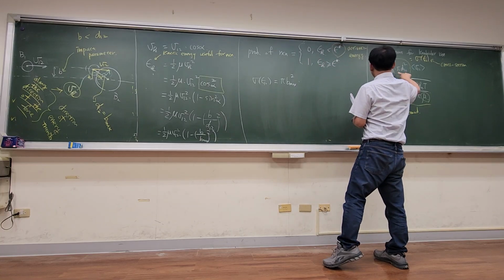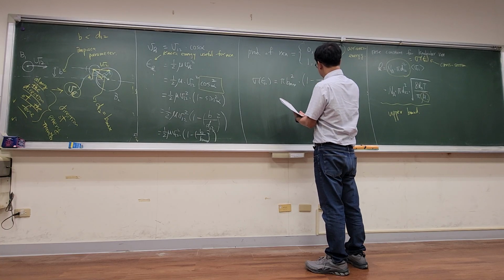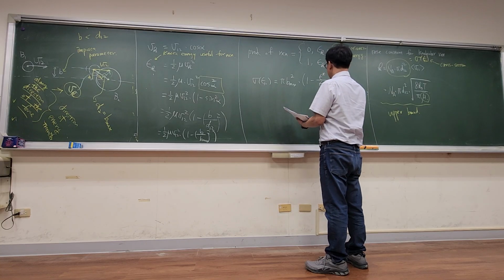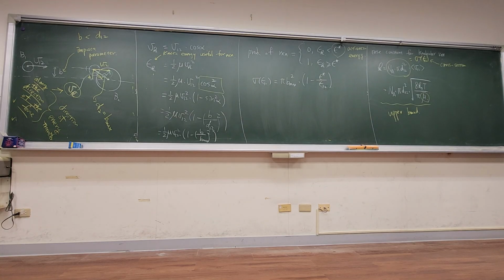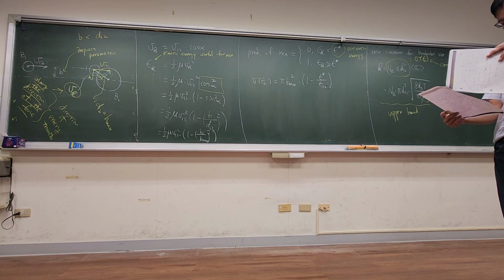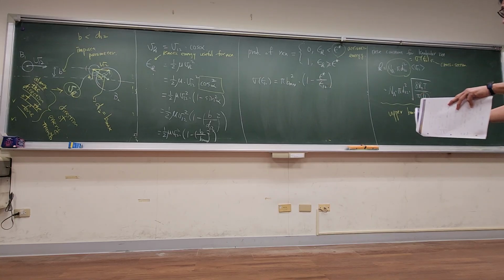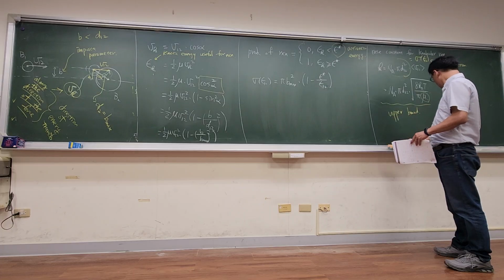This is the same here. Times 1 minus the threshold energy over the relative energy.